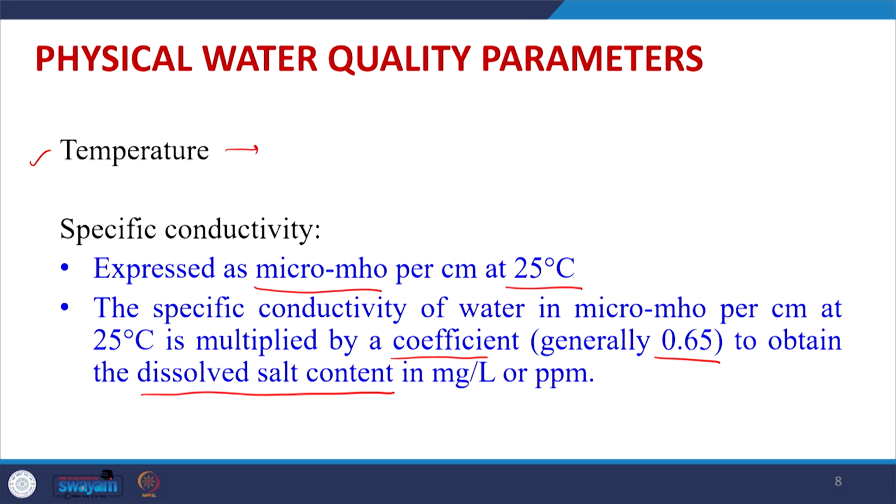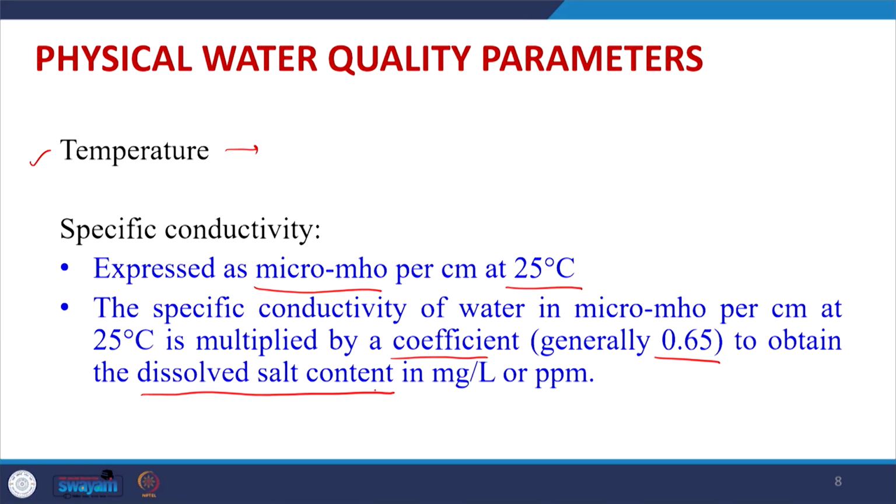Remember, there are simple equipments which measure the specific conductivity, but they multiply it by a coefficient and directly give the value of dissolved salt content, which is called TDS. So those simple equipments actually measure the specific conductivity, and from that they report the TDS values.